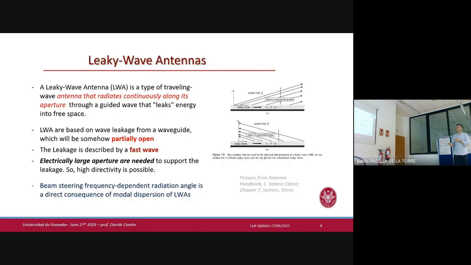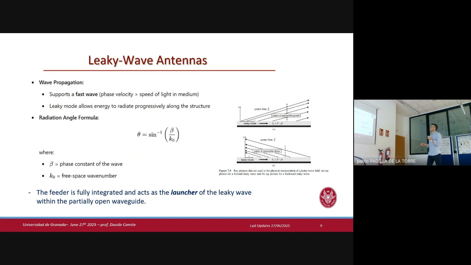So we are designing an antenna, but we are studying the propagation of a mode. That's why we call it a leaky mode. If there is dispersion, you will have a wave constant for the mode that you are considering. This wave constant, beta, the real part of the propagation constant, will control the pointing direction.